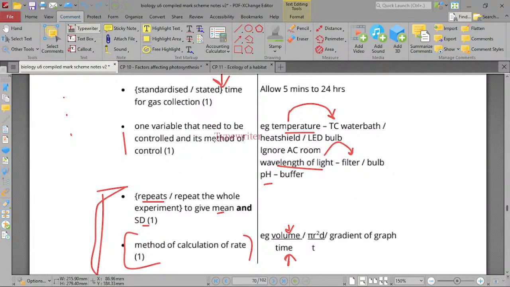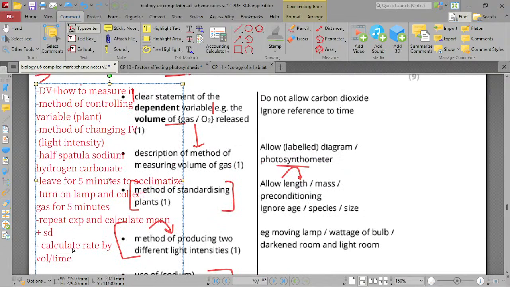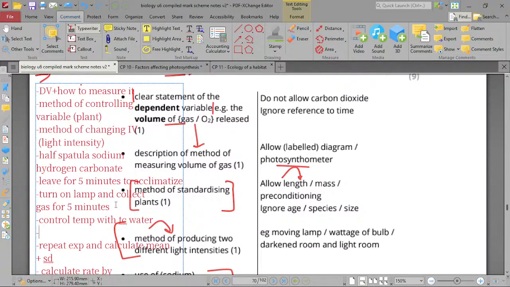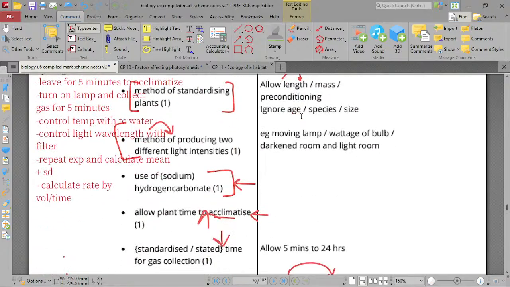One variable that needs to be controlled: control temperature with TC water bath. Control light wavelength with filter. Okay.